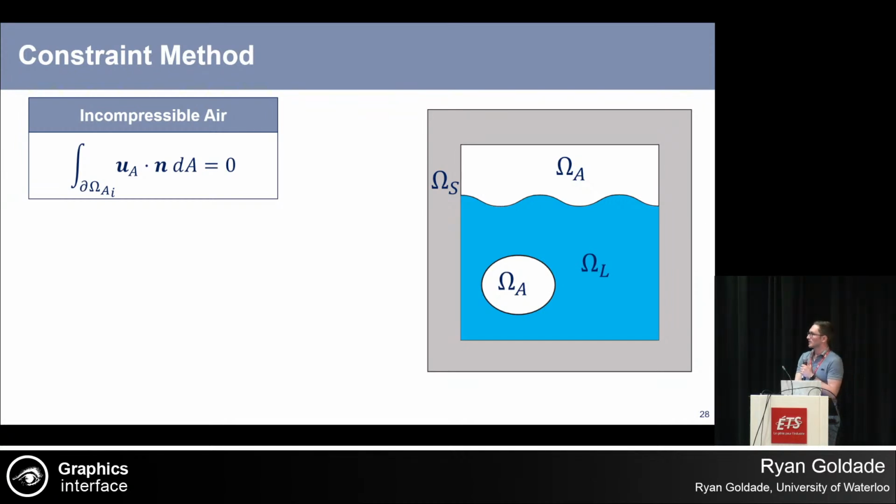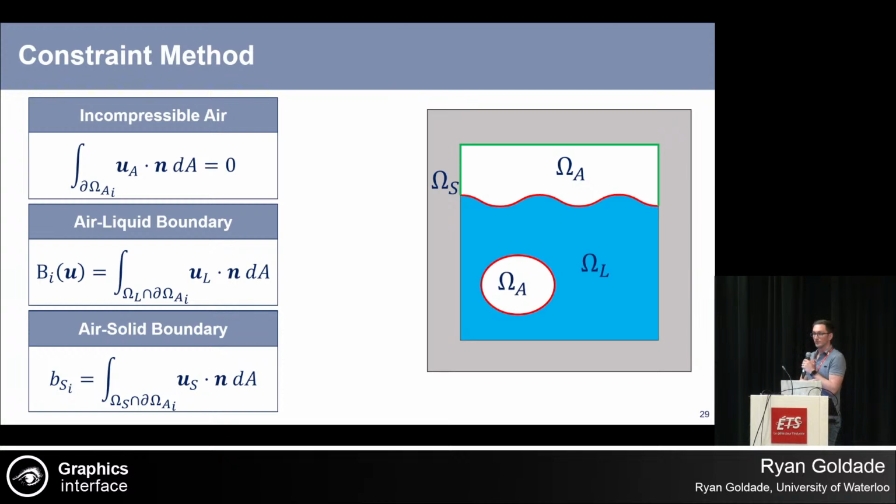So we can model this by simply saying, well, we'll just say that the entire air region is incompressible, and we can do this by integrating around the boundary. And I've tried to remove as much math as I can, so there'll be some math, but there won't be a lot of math, so bear with me.